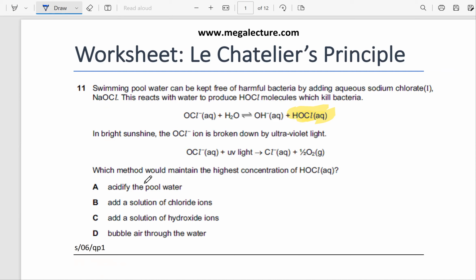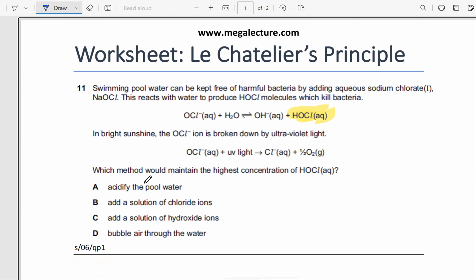What does acidify the pool mean? Okay, what ion is being added? H plus, sir. Hydrogen ion, sir. ठीक है, एक सेकेंड. अच्छा, so you're adding H plus ions, right?